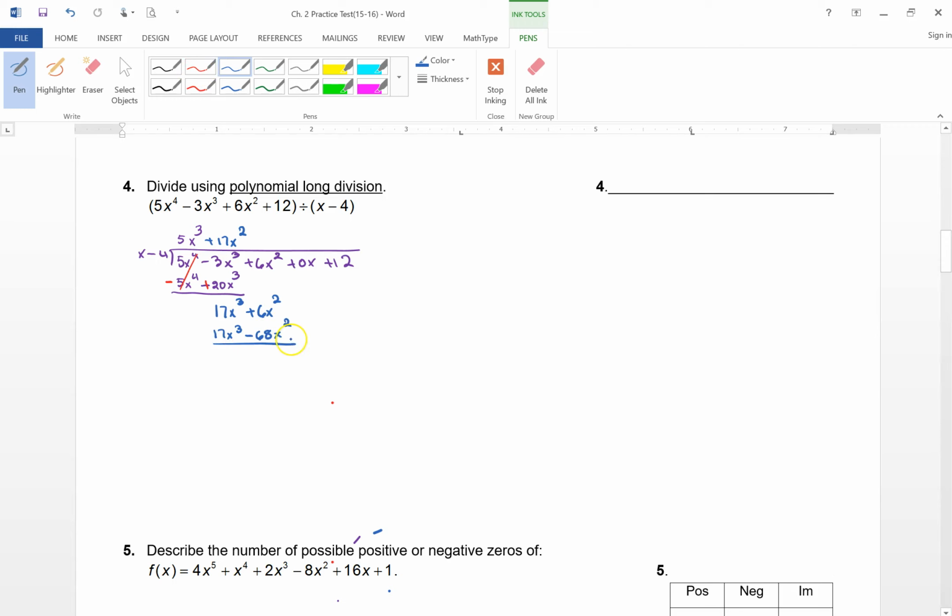We want to subtract, and it's easier to change signs and add. So 68 plus 6 gives us what? 74x squared plus 0x. 74x squared divided by x is 74x.